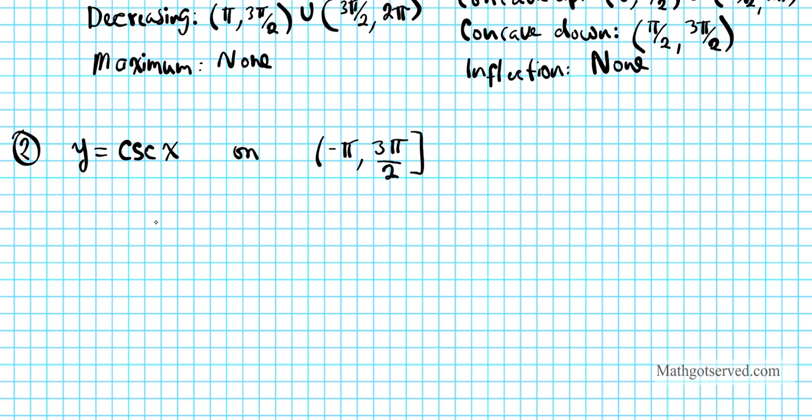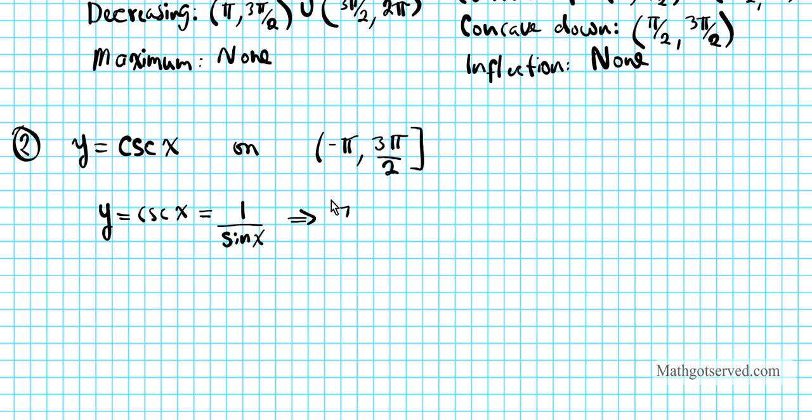All right, so first thing we want to ask ourselves is, since this is an asymptotic trig function, where is the asymptote going to be? So y equals cosecant x. How can we express this using our reciprocal identity? Cosecant x is equal to 1 over sine x. Okay, so what does this tell me? It tells me that we have asymptotes.